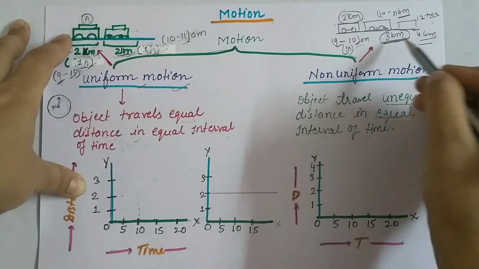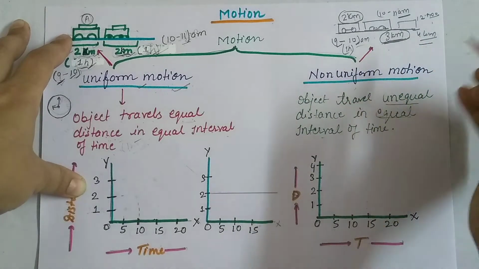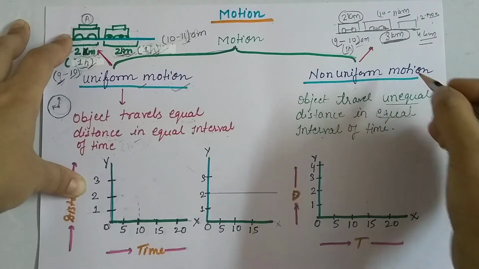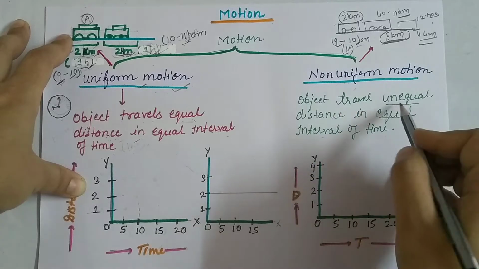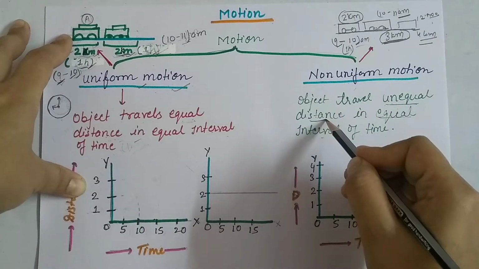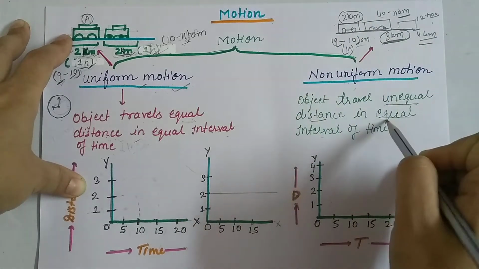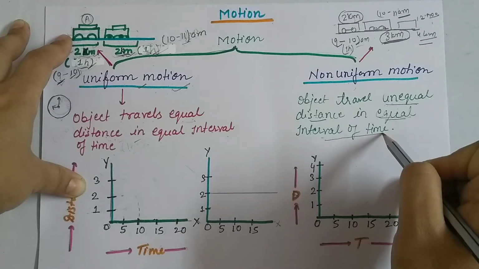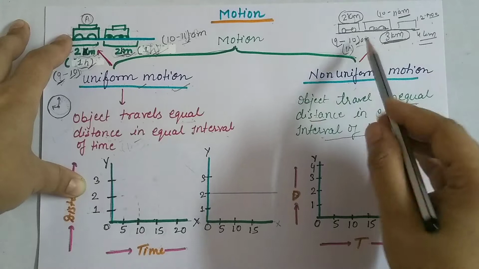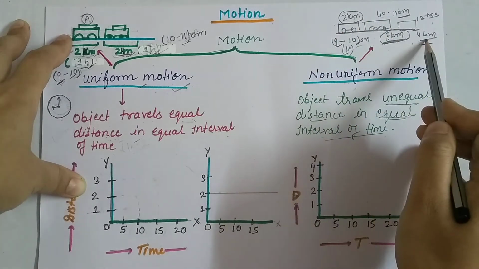So it shows that the bus did not cover the same distance, equal distance, in equal interval of time. It shows that the object covered unequal distance here, 2 kilometer, 3 kilometer, 4 kilometer, in equal intervals of time. In each hour we are able to see that the bus is covering different distances.